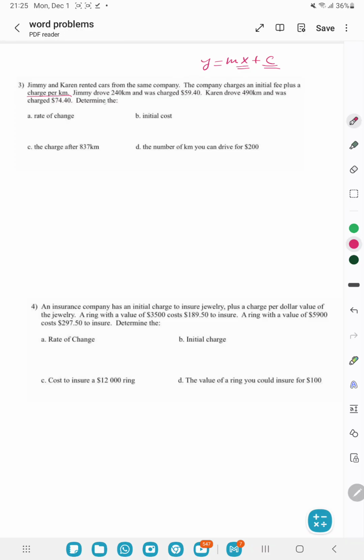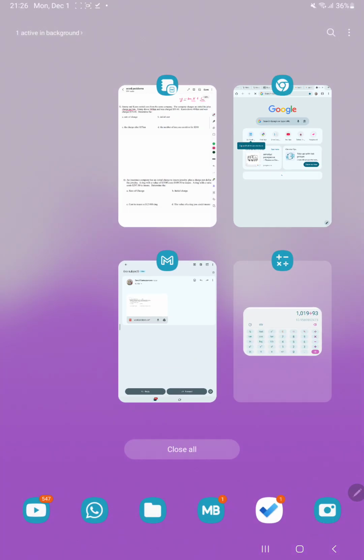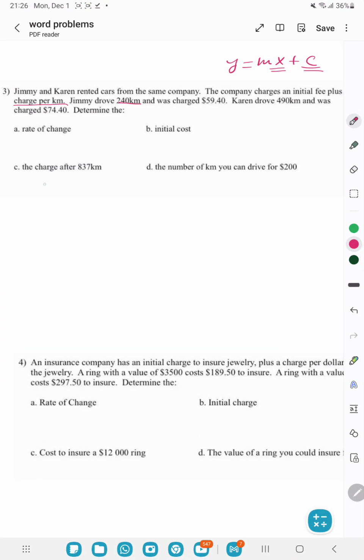Jimmy drove 240 kilometers, and was charged $59.4. It's not y; when x is 240 kilometers, because the money is our y. The cost depends on the distance you travel. So it's x now, 59.4.